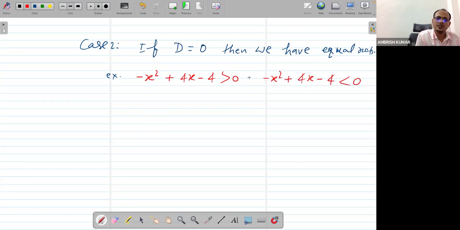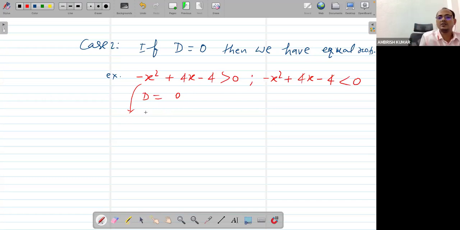If you see carefully, here the discriminant, you check the discriminant B square minus 4AC, it's going to be 0. Discriminant being 0 means it can be written as whole square of something. So see carefully, this is going to be your... You can solve this.